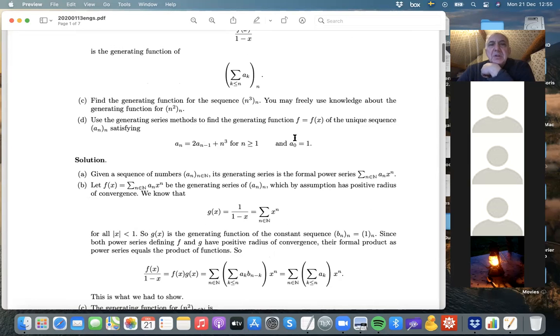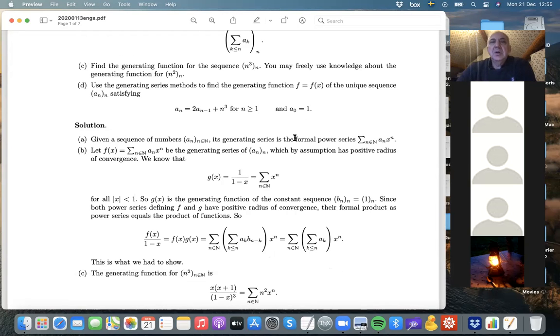Now, problem C requires some calculation. It asks to find the generating function for the sequence of n cubed, n from 0 to infinity. Again, we have done this and you had some such exercises.